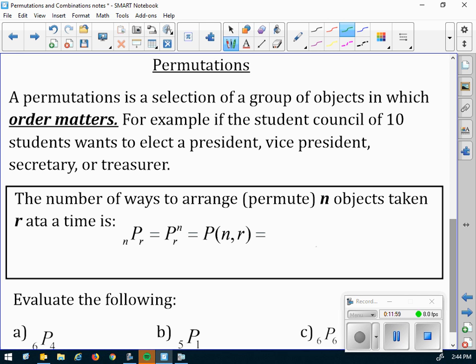How many options do you have for the horse that wins? How many options do you have for the horse that places second? 19, and third? You have 20 times 19 times 18. That's the very beginning of 20 factorial, isn't it?